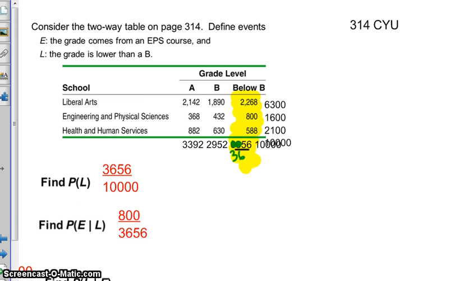That's your 800. It's not the whole 10,000, it's just those 3656 that fall into the group that scored below a B.